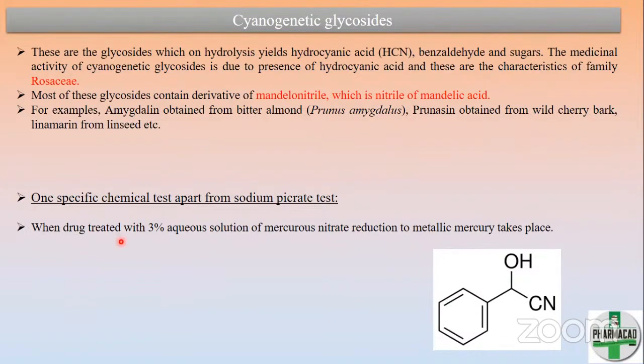When the drug is treated with 3% aqueous solution of mercurous nitrate, reduction to metallic mercury will take place. Why? Because of the presence of this cyanide group.